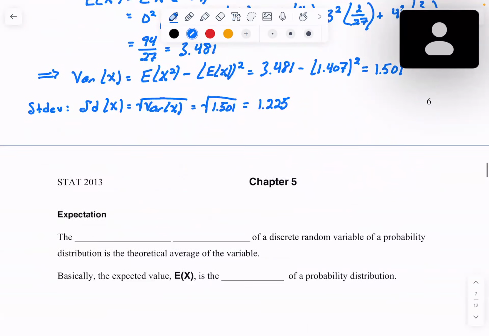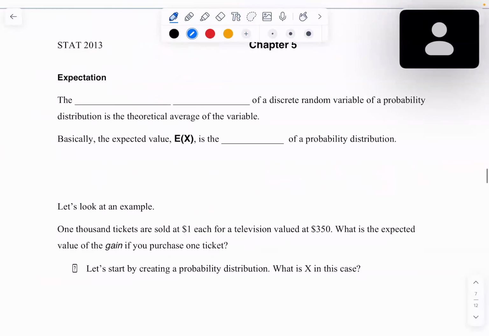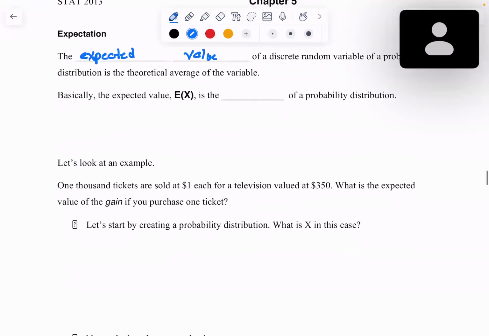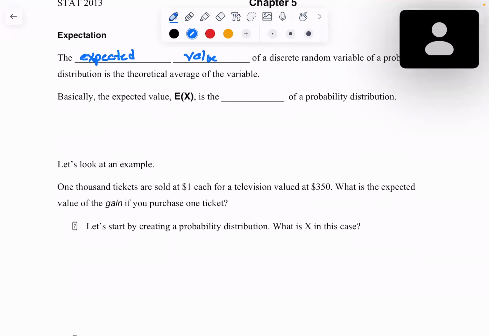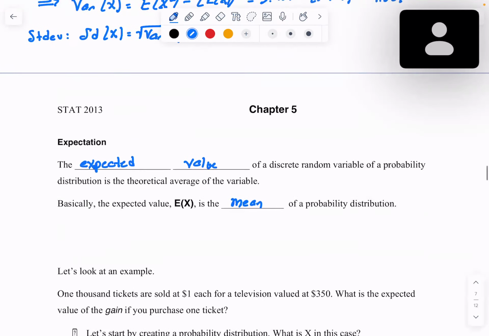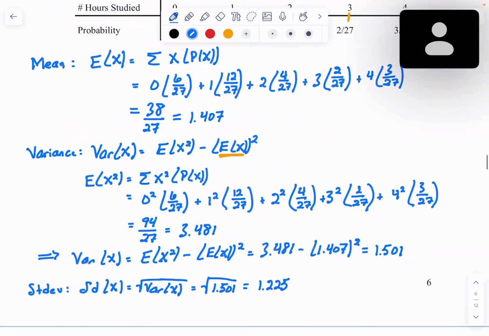So the expected value of a discrete random variable of a probability distribution is the theoretical average. So basically, the expected value is the mean of the probability distribution. That is why whenever I was writing these formulas up here, notice that I was using this E of x almost everywhere.